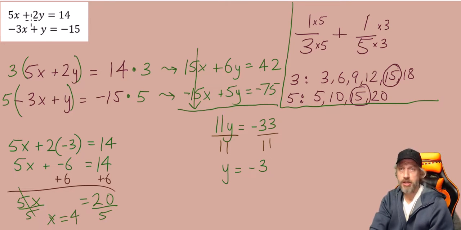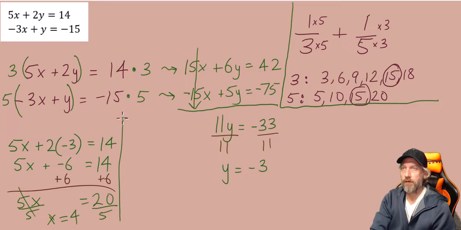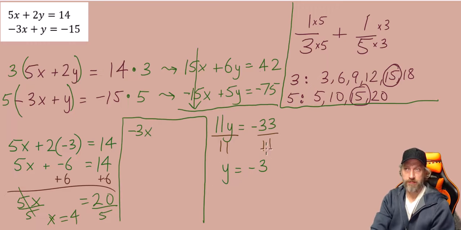Let's go ahead and check in the other equation just to be certain. -3x, let's squeeze it in right here. I feel like squeezing stuff over. -3x. Remember, we're still checking our first solution here, y equals -3. Going all the way back to our original equations, -3x plus y means -3x plus -3 equals -15.